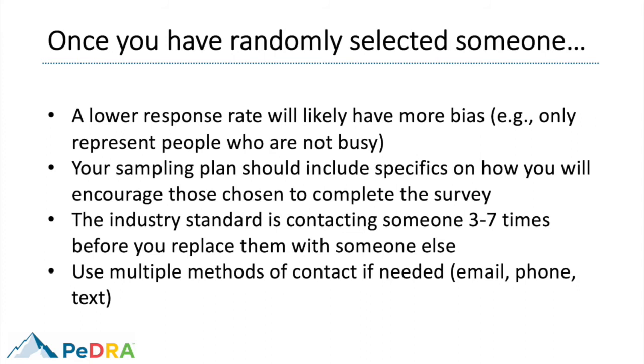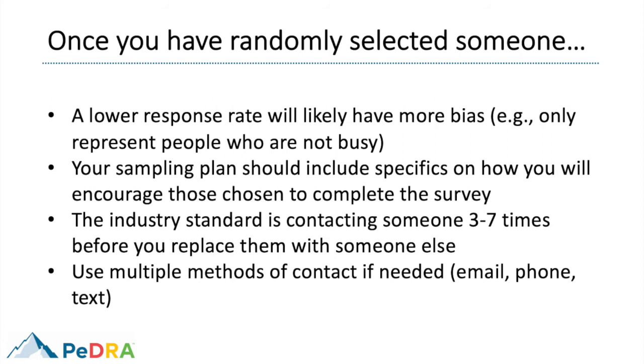Once you have selected someone randomly to take your survey, you want to do everything you can to get them to take it. Otherwise, your sample may be biased with overrepresenting those who are not busy. Generally, a lower response rate indicates the more potential for bias.